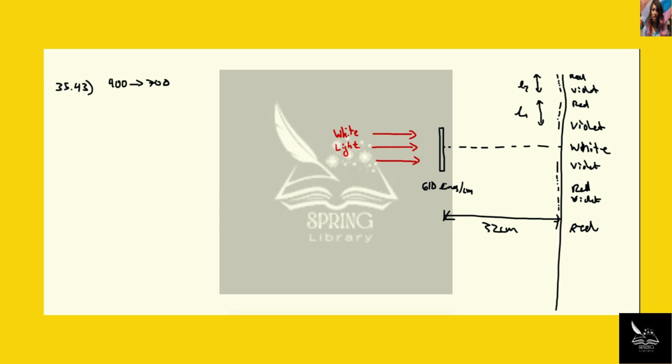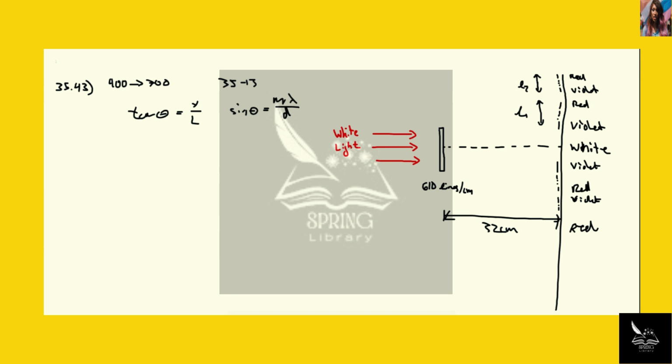We find the angle for each boundary color by using equation 35.13, which tells us that tan theta is equal to y over the distance to the screen. We can also use the normal diffraction equation, sine theta is m lambda over d. So how do we put this together?